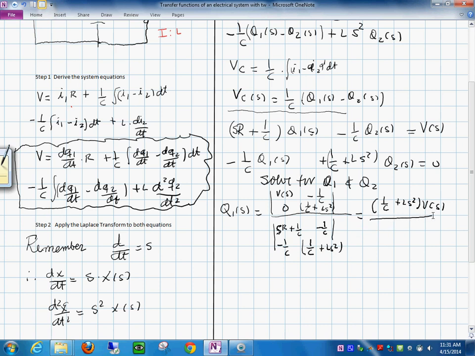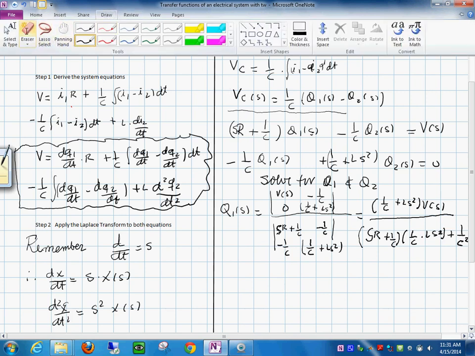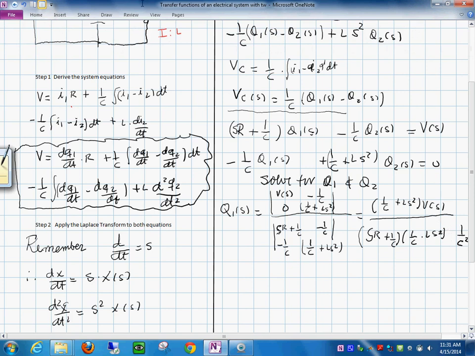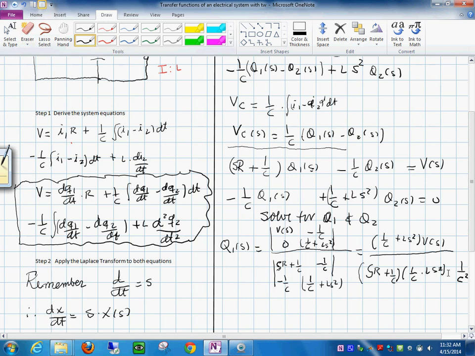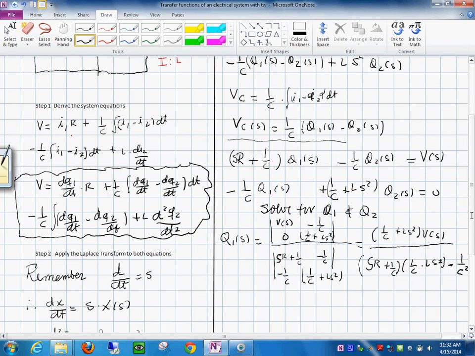And then on the denominator, you're going to have S times R plus 1 over C, and then multiplied by 1 over C plus LS squared, and then minus 1 over C squared. So this is Q1 of S.